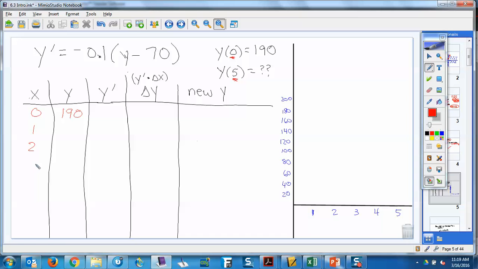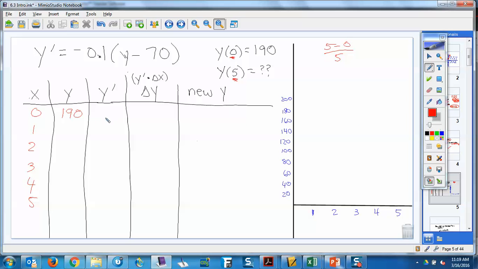Isn't the width 1 here? Because you're going to go from 0 to 5, so that tells you you have a total width of 5, and you're going to do 5 subdivisions. So the width is going to be 1. So you're going to have these 5 numbers down here, and then you tell me, with your calculators handy, how I would fill the rest of this out. You don't have to write this down if you don't want to.